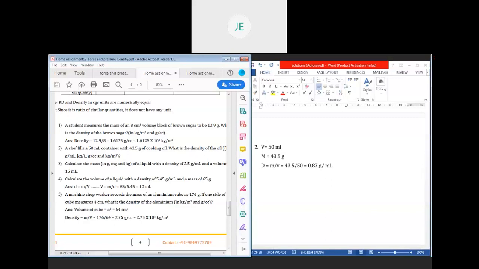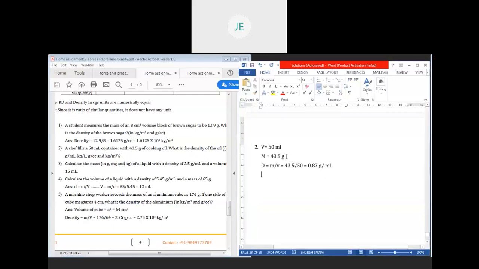The next, here in the question they have also given convert it into kg per liter also. Okay, if you convert the mass to kilograms, 43.5 into 10 power minus 3 kgs, and if you convert 50 ml also into liters, milli means nothing but 10 power minus 3, liters.